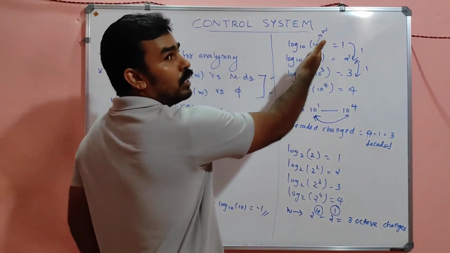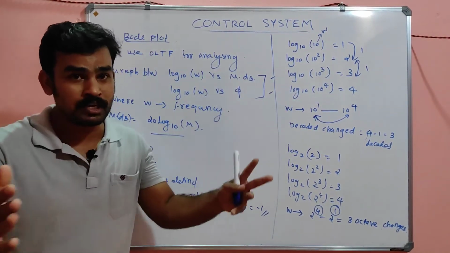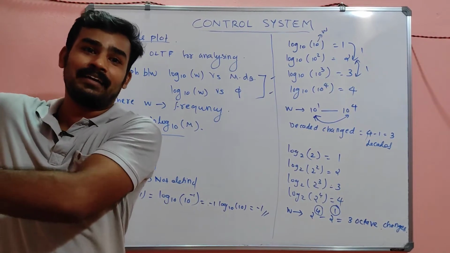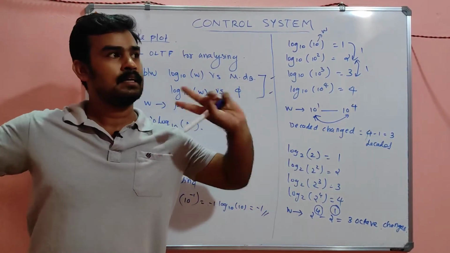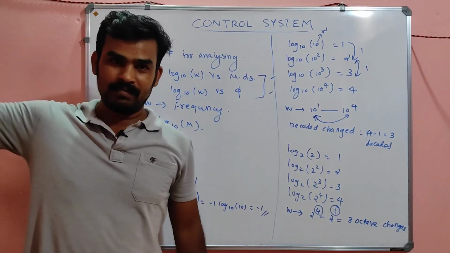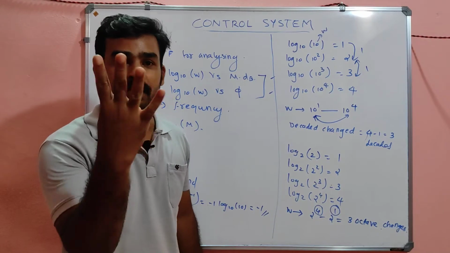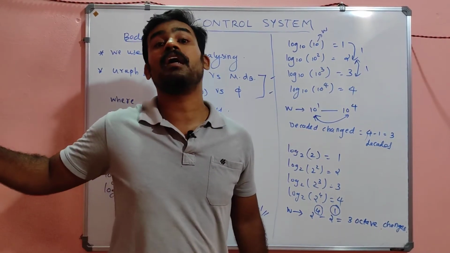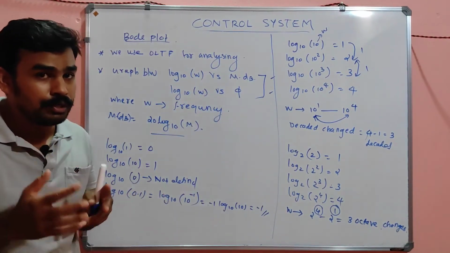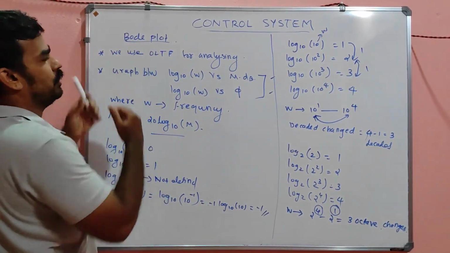But here see what a big range of frequency you can accommodate: 10, 100, 1000, 10,000, 1 lakh. Simply by 4 points you can change the range from 10 to 1 lakh. A range of 1 lakh in frequency can be accommodated in just 4 lines of the log 10 omega graph. So that is the beauty of taking the log 10 graph for plotting the Bode plot.